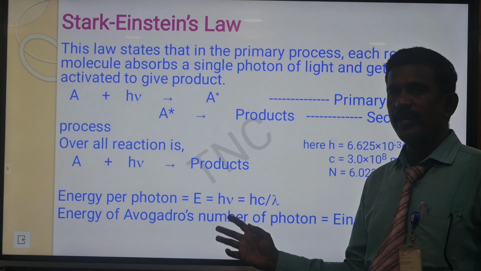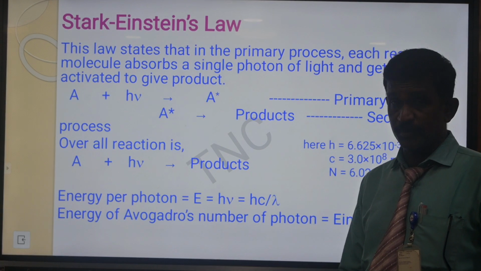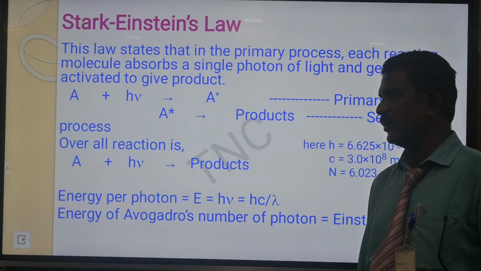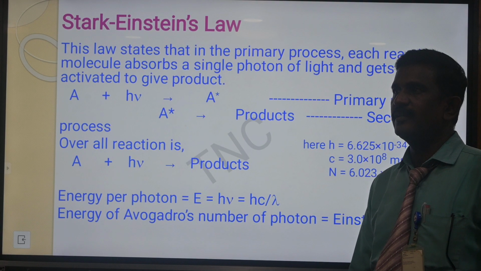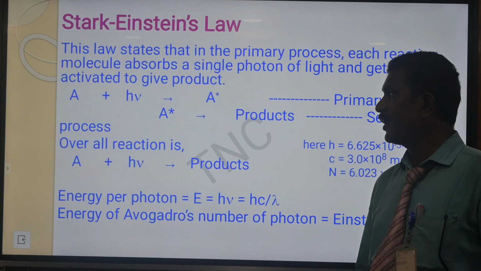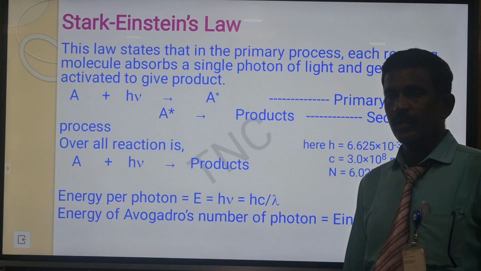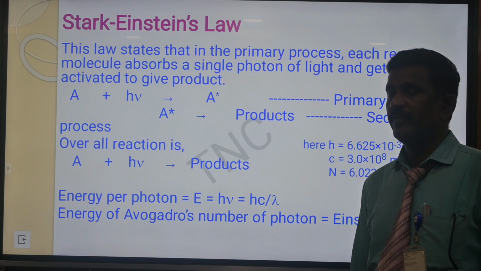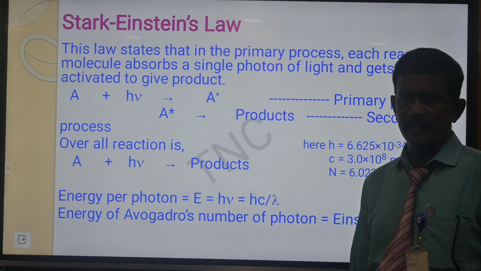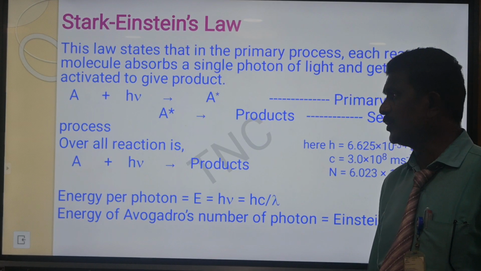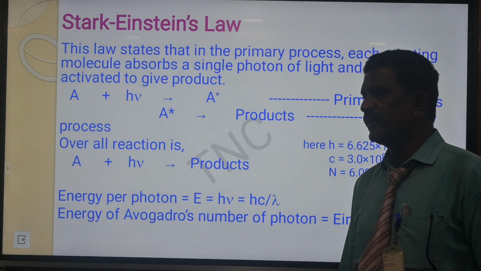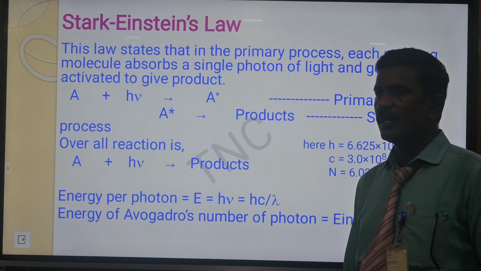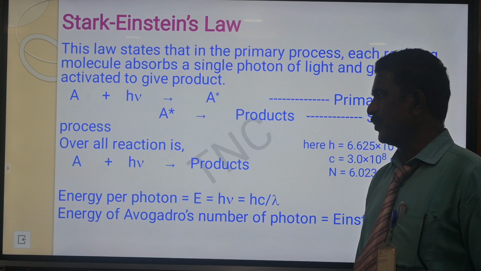And in that, the primary process is a reversible one, which means after absorption of light energy, the reactant, that is molecule A, can go back to the ground state, that is its original form, without getting involved in a chemical reaction. That is also possible. That's why we get a different ratio between the amount of light absorbed and the amount of reaction taking place.